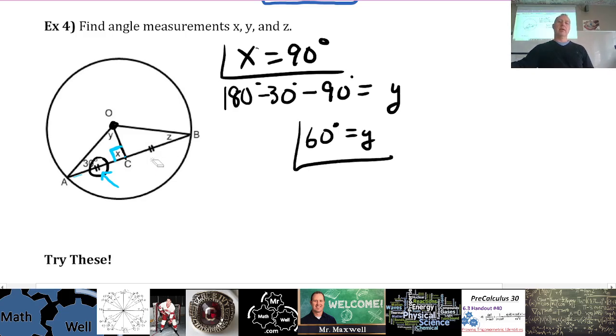And now let's take a look at z. Okay, there's 2 ways you can look at z. This is 90 right here. We know that. The thing you want to notice is that in these triangles, this radius is the same on both sides, right?